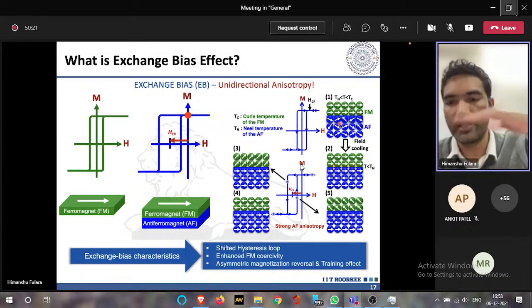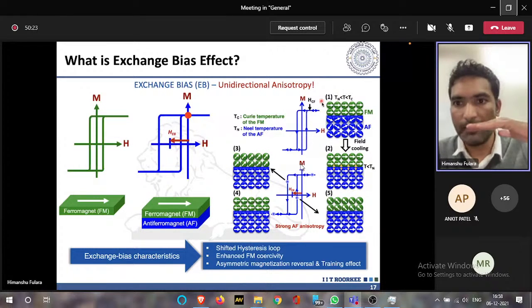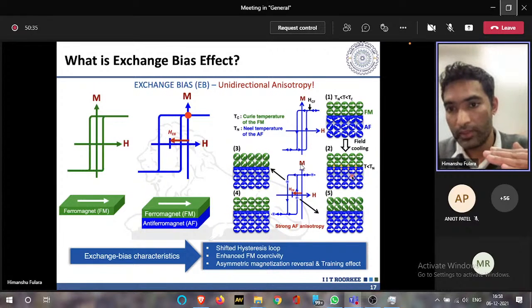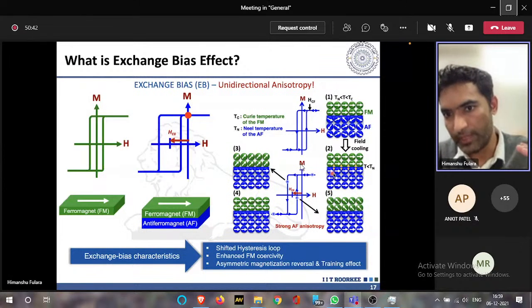Now from this temperature, if it is cooled in a magnetic field H_CF, then antiferromagnetic spins try to follow the magnetic field. So then it forms an ordered structure, like one sublattice of spin, another anti-sublattice of spin, and then another sublattice of spin.